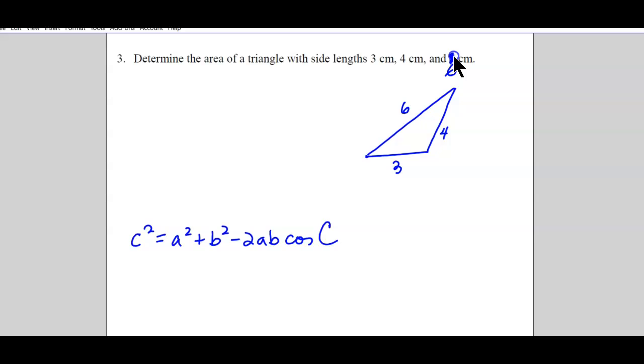So on mine, maybe I'll call that C. So that's the cosine law for a side. You can enter the values and rearrange, or use the rearranged form.